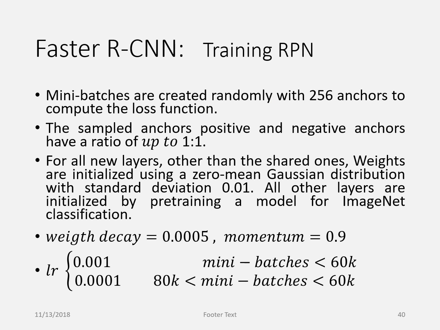Now, knowing about the loss function, let's see how we train the network. First, mini batches are created randomly with 256 anchors for each image. That is, each image may have more anchors, but we just consider 256 anchors randomly. The sampled anchors should have positive and negative anchors with a ratio of up to 1:1. Also, all new layers in the RPN are initialized from a zero-mean Gaussian distribution with a standard deviation of 0.01.